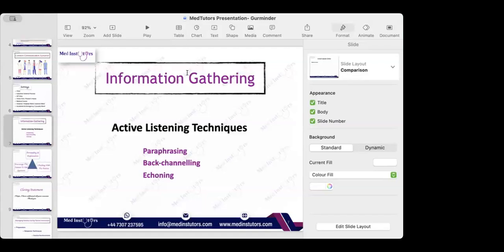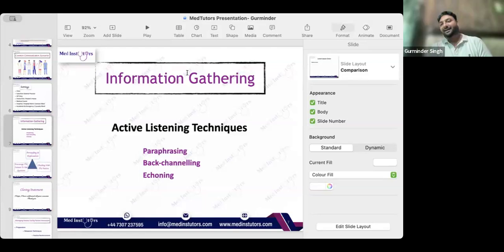Okay, thank you. There's one more question. How to chunk and check in conversation, and what phrases to use generally? Well, there could be a lot of phrases. Chunk means you are not giving so much information in one go.